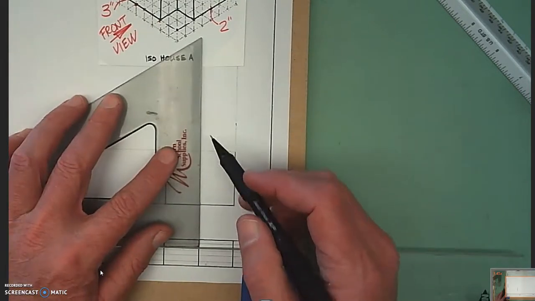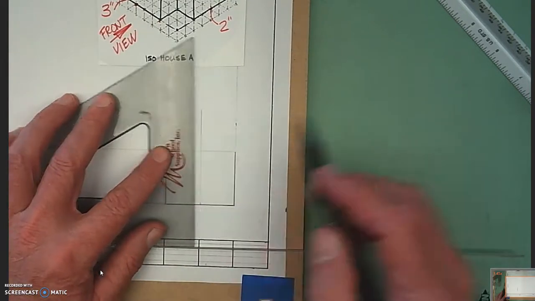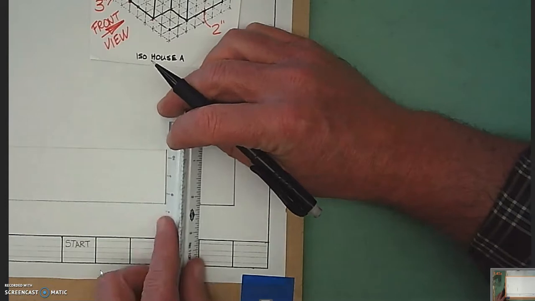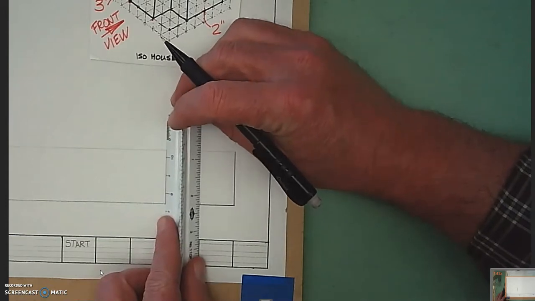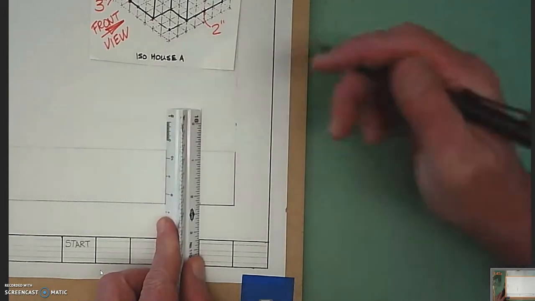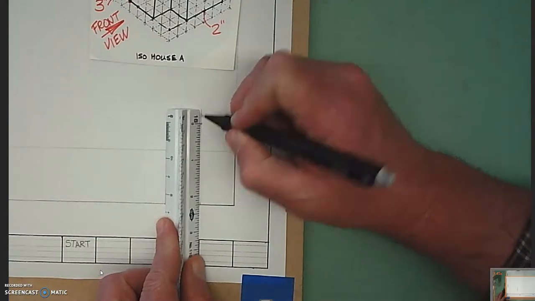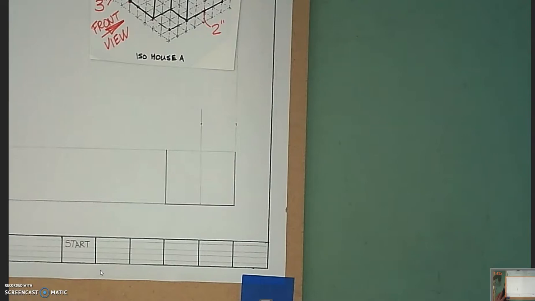I'm going to lightly draw a vertical line, and now I'm going to measure 2 1/4 inches. 2 1/4 of an inch will give me the top of that view.